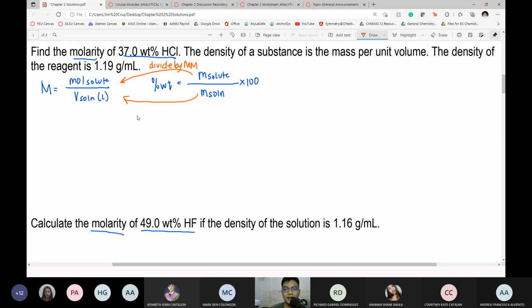Density. Yan, correct, no? What is the equation for density? Density is mass over volume. So, ibig sabihin, if you know the density and you know the volume, you can get the mass. If you know the density and you know the mass, you can get the volume.